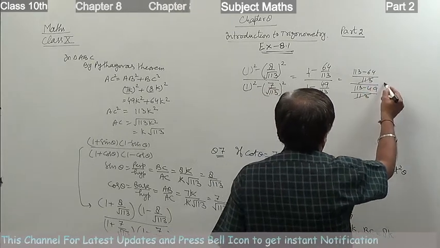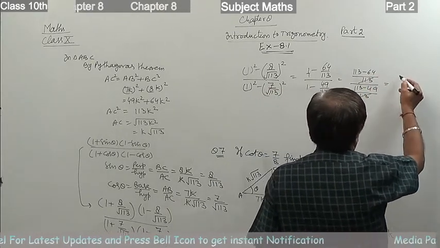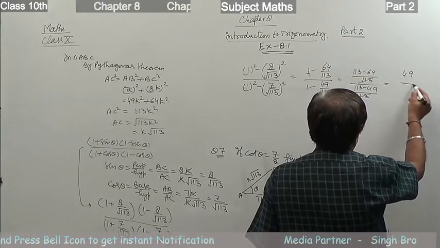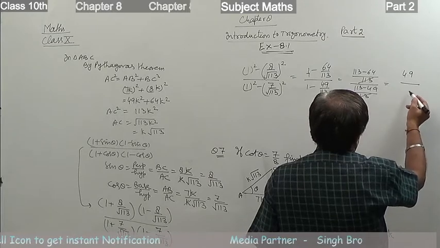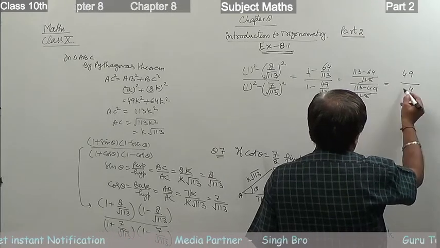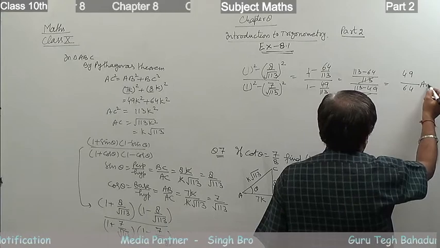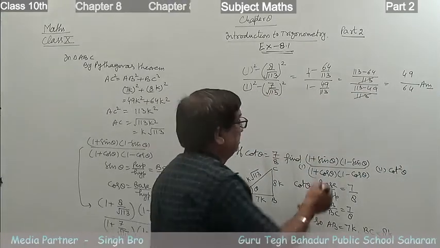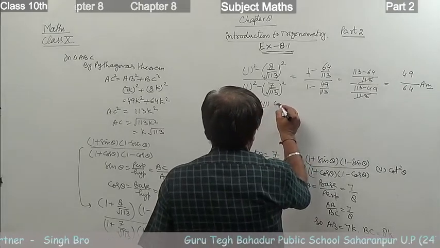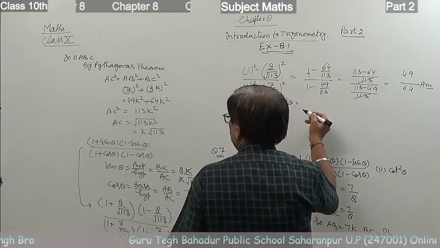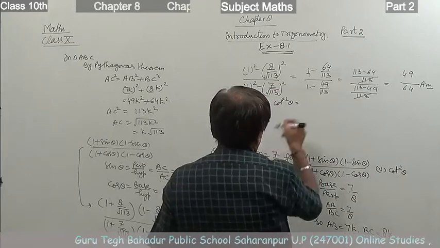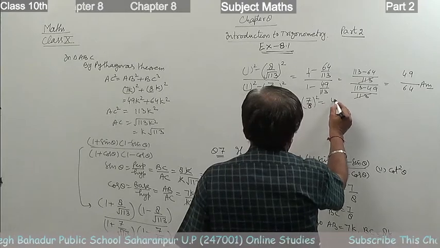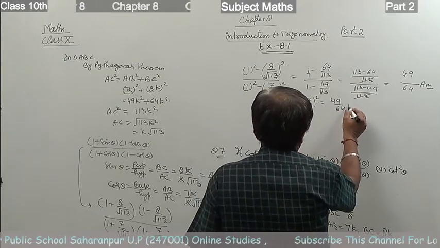This cancelled it. 113 minus 64, that is 49. 113 minus 49, that is 64. So 49 upon 64. And second part, cot square theta, that is cot theta is given to you 7 upon 8 square, that is also 49 upon 64.